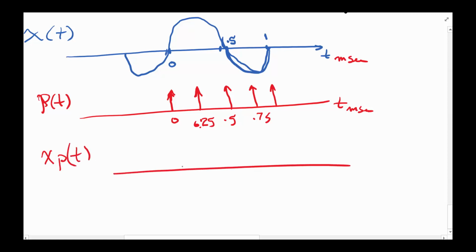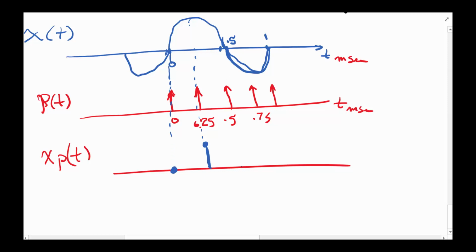So when I'm finished, one period of my xp of t is going to be, let me use a different color here, whatever the value of x was at that point, which is basically this value. And then this is going to be whatever the value of x was right there, something like that. I should probably erase this so it doesn't look like there's a line there.